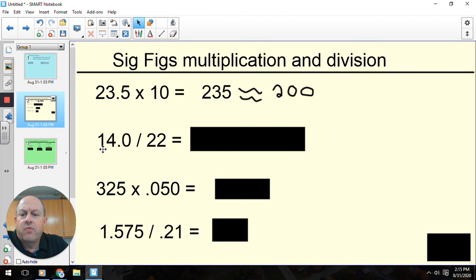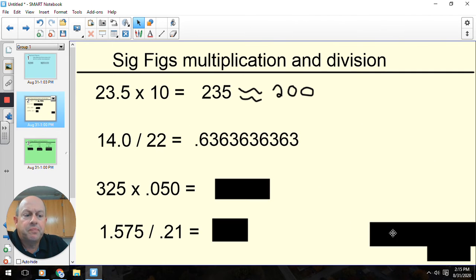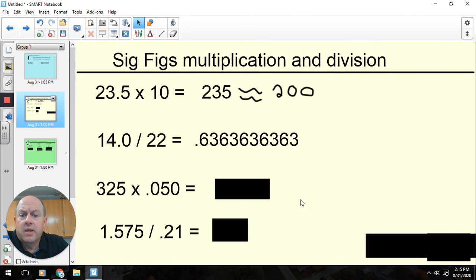If we have 14.0 divided by 22, 14.0 would have 3 sig figs, 22 would have 2 sig figs. We've got to do the number right, so don't be that guy or gal that punches the wrong buttons and gets the wrong answer. But once we get the right number, then we have to round to the appropriate sig figs.